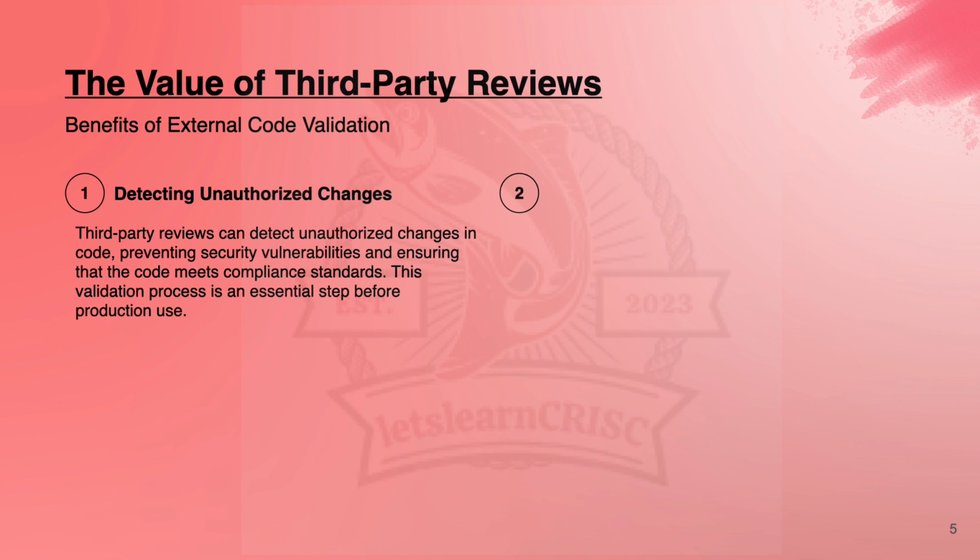Friends, unauthorized changes could introduce security risks or compromise the integrity of the software. For example, if a malicious actor tries to insert a backdoor into the code, a third party review may uncover this unauthorized change.